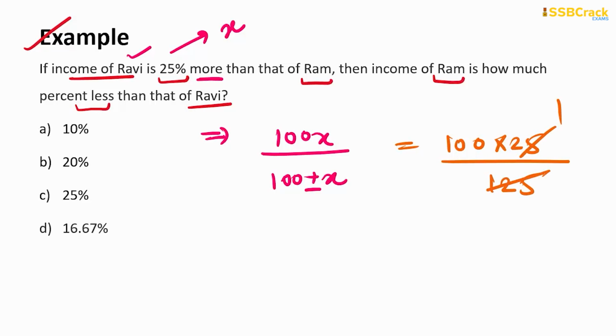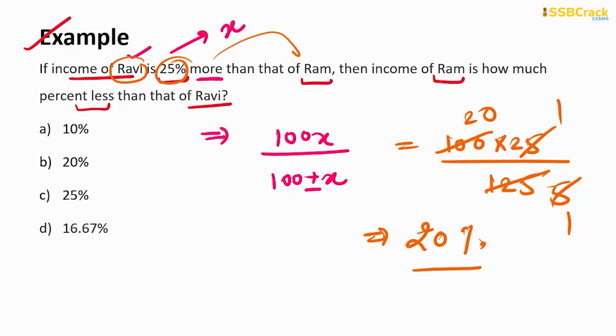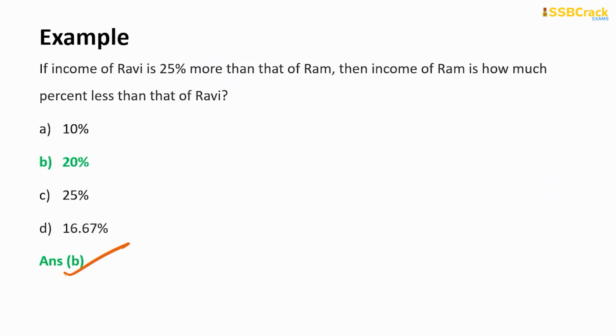Now 25 ones are 25, fives are 5, ones are 5, 20s are. Right, so it will be 20%. So if the income of Ravi is 25% more than that of Ram, then the income of Ram will be 20% less than that of Ravi. That is, option B should be the correct answer. Let's check. So yes, option B is correct only.